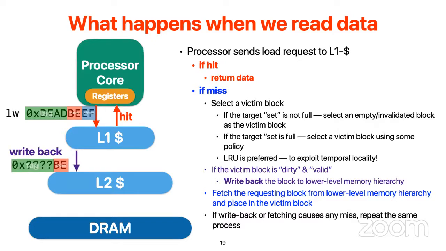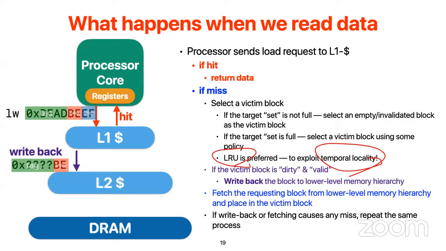Otherwise, you will have to accommodate a block, again on a block basis, that contains the data you are looking for. To make space for the incoming block, sometimes you have to kick out a block. The policy for kicking out a block is LRU, least recently used, so in this way we can exploit temporal locality.